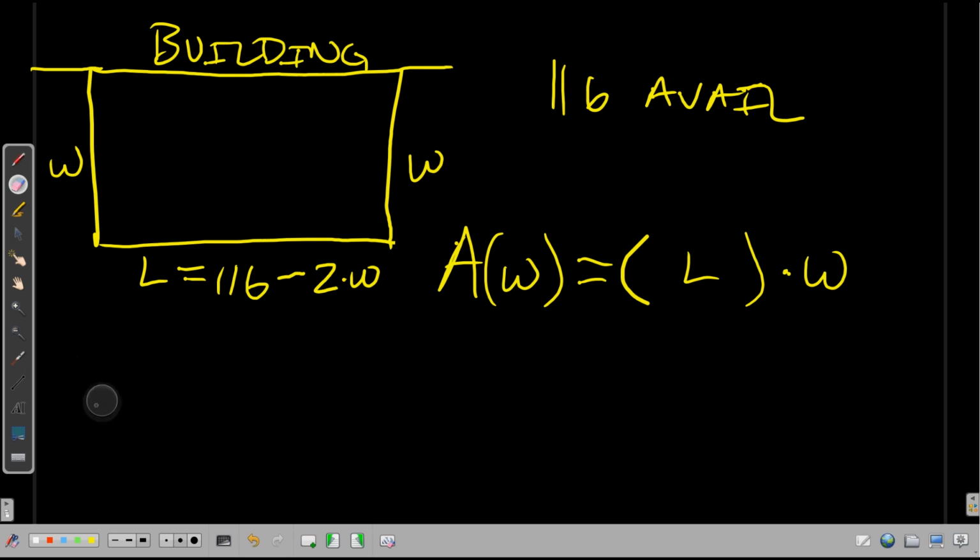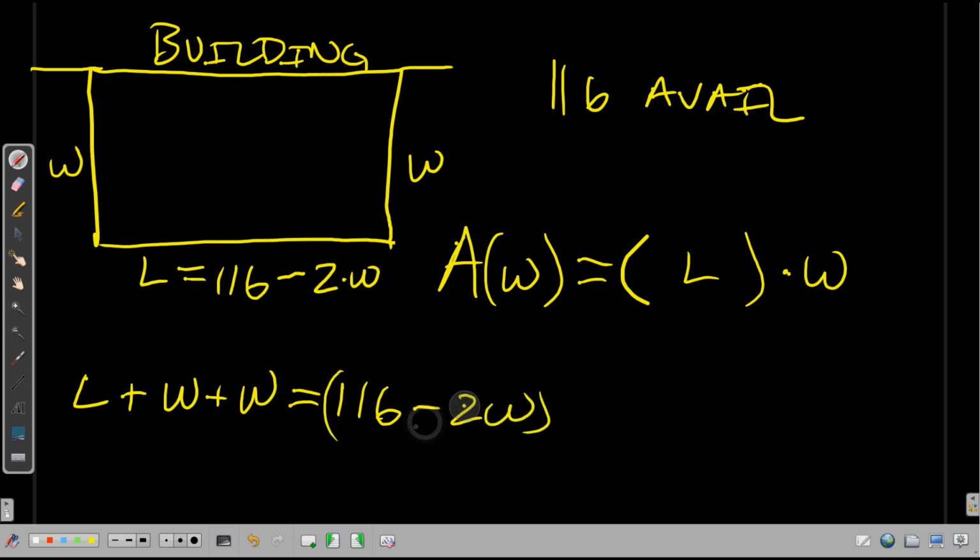Well, then this length plus this width plus this width would be 116 minus 2w, because that's what L is, and then plus w plus w, that's plus 2w, well then this clearly adds up to 116. So I am using all 116 feet of fencing in this way.